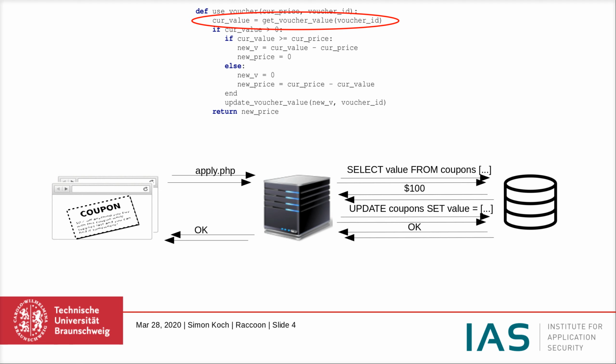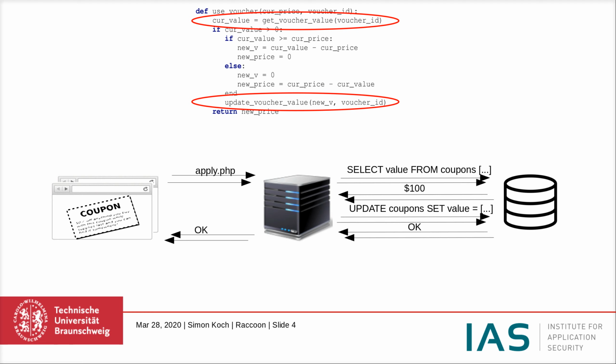Thus, each worker continues its work with a value of $100 for the coupon. This leads both workers applying the coupon value to the shopping cart and updating the value in the database. Finally, both workers return the reduced shopping cart value to the user.